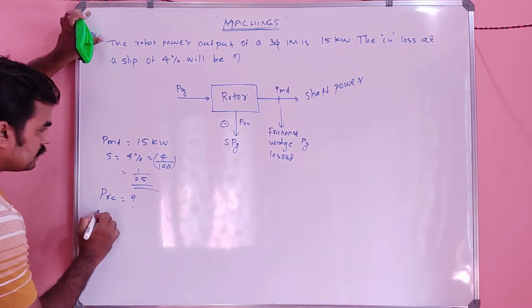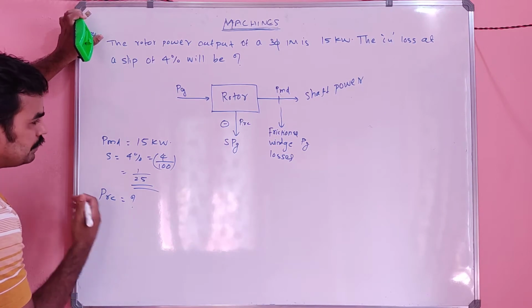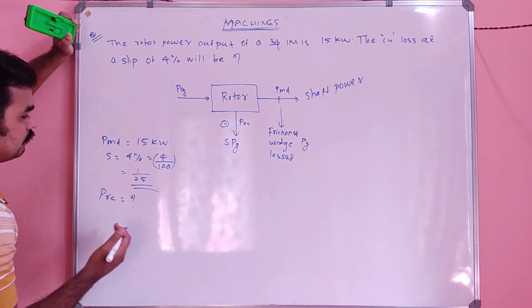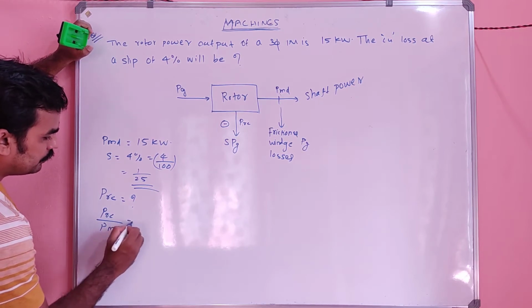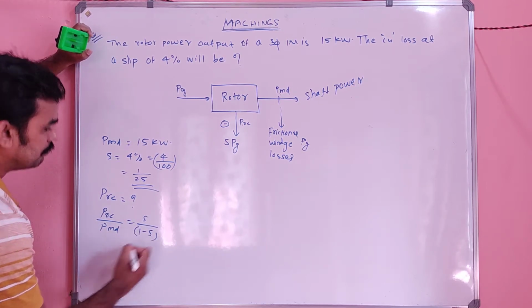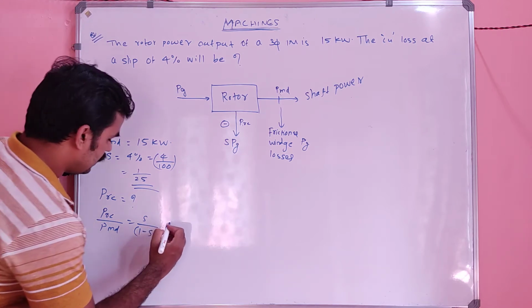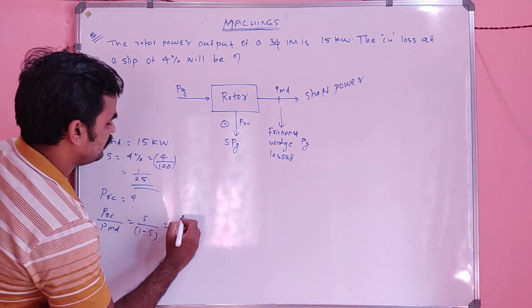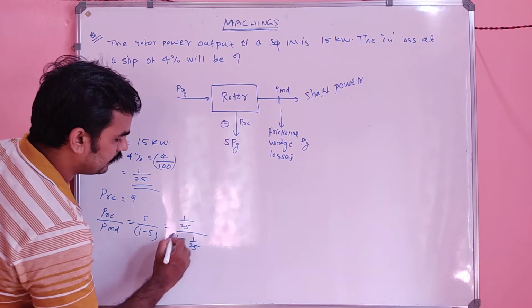There is a relationship between PRC and PMD: PRC divided by PMD is equal to S divided by 1 minus S. Correct? It will be equal to S, which is 1 by 25, whole divided by 1 minus 1 by 25.